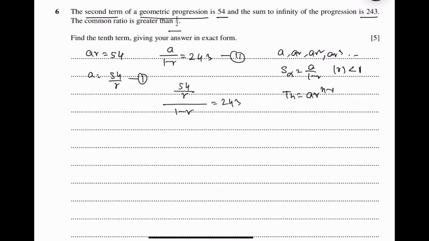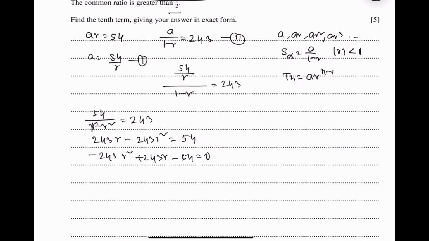Let us do some calculations. This is 54 divided by r minus r square equals 243. Let us simplify. 243 r minus 243 r square equals 54. So 243 r square minus 243 r plus 54 equals 0. Now let us simplify.